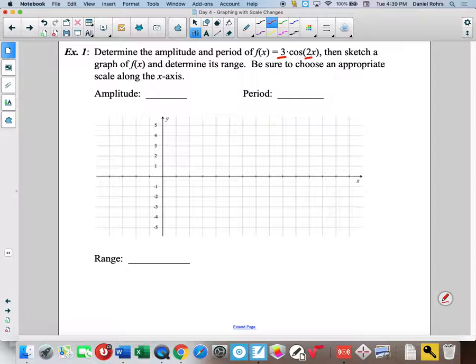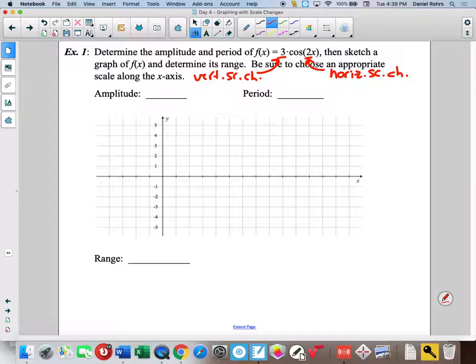Scale changes work by compressing or stretching away from the axes. So it's either a multiplication factor or a division factor. The 2 is what we call a horizontal scale change because it's inside. And the 3 is what we call a vertical scale change because it's outside of our function.